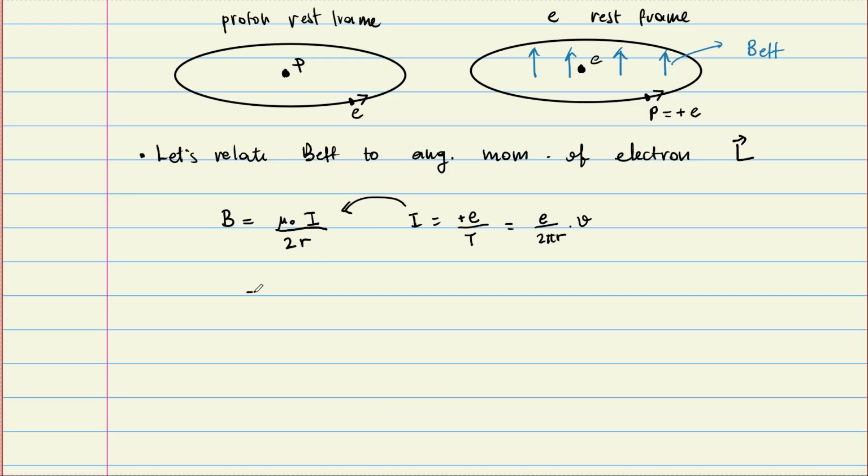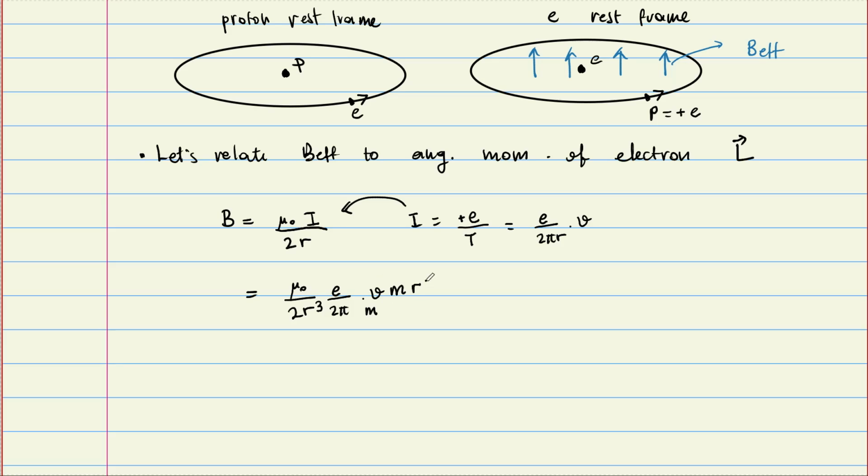So then this B is going to be mu0 over 2R times this entire thing. But like I said, I want to derive something in terms of angular momentum, and to do that I'm going to multiply this with M, and multiply this with R. So I already have R squared, and I'm going to make it R cubed.